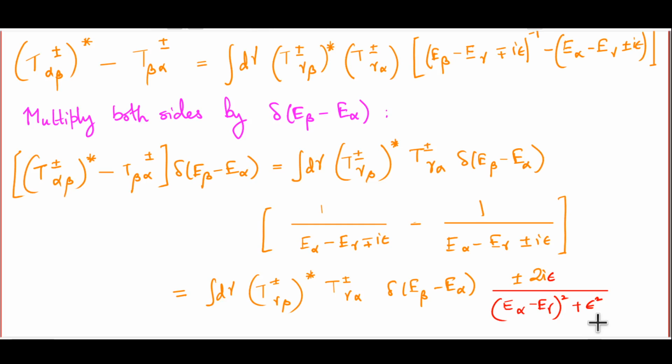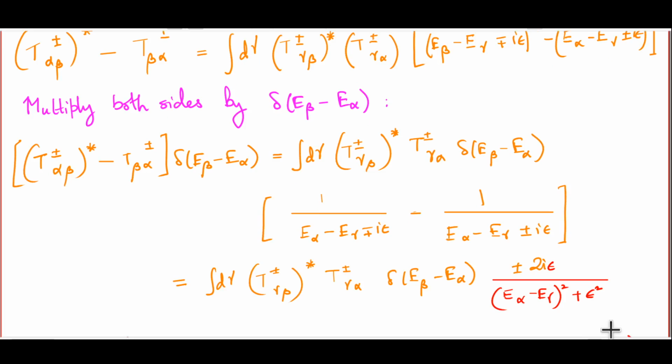pi. So this expression in the limit epsilon goes to 0 is exactly the Dirac delta function with E alpha minus E gamma as the argument. It vanishes everywhere unless E alpha equals E gamma. But the area under the curve is exactly equal to pi. So this is pi times delta E alpha minus E gamma.